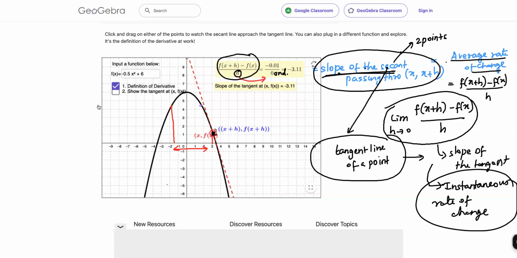Okay, now let me ask you this. I'm going to give you x square minus 4x plus 1.